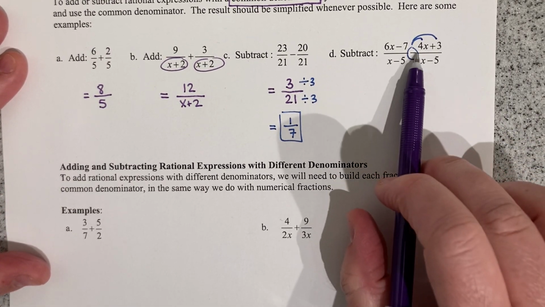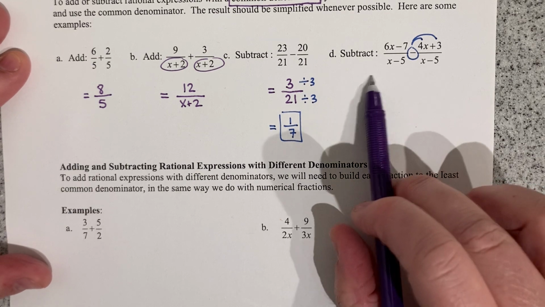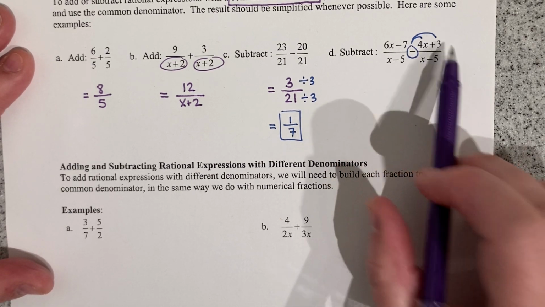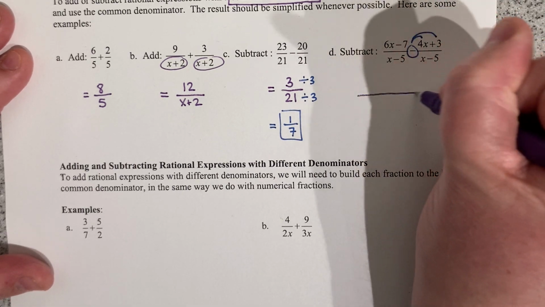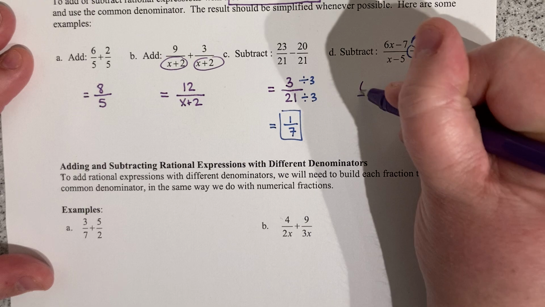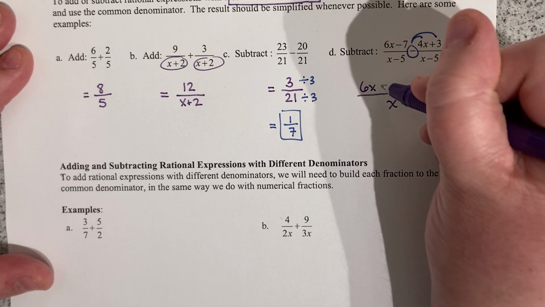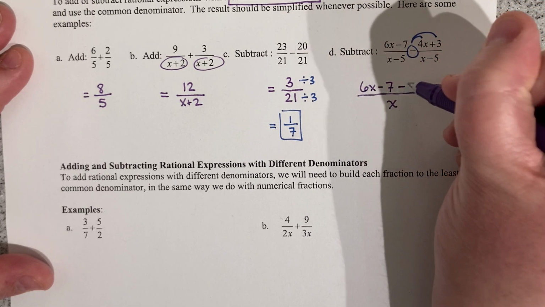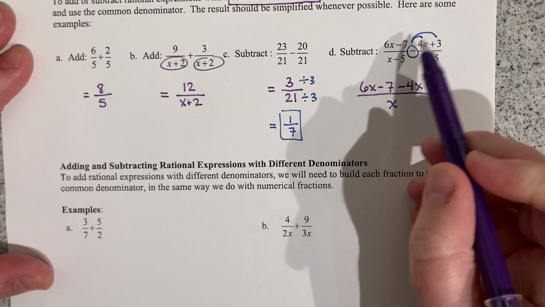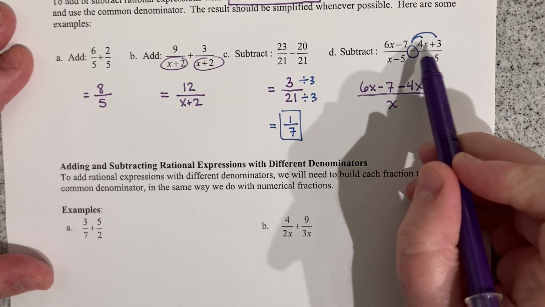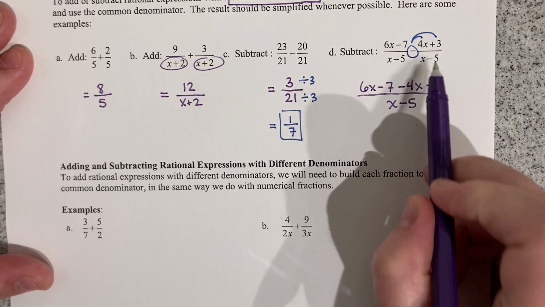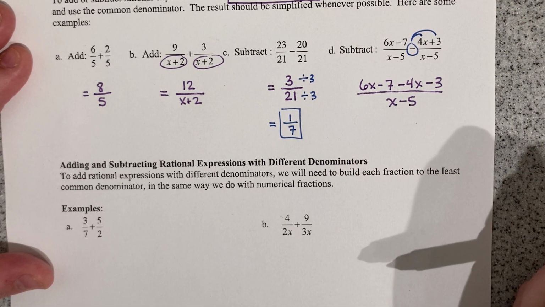I'm not going to put the subtraction with the denominator generally. We just distribute it to the top. So for the numerator, I'm writing this one out, 6x minus 7, then minus 4x minus 3, because negative distributes to both pieces in that second numerator. The denominator, though, it matched, so it just stays x minus 5.